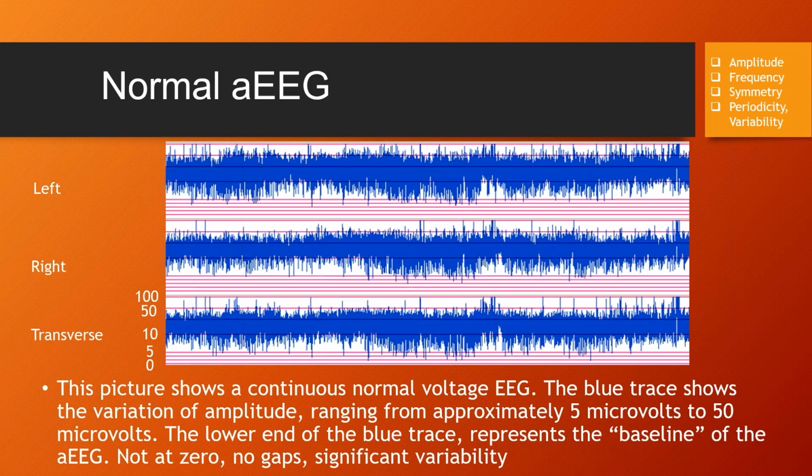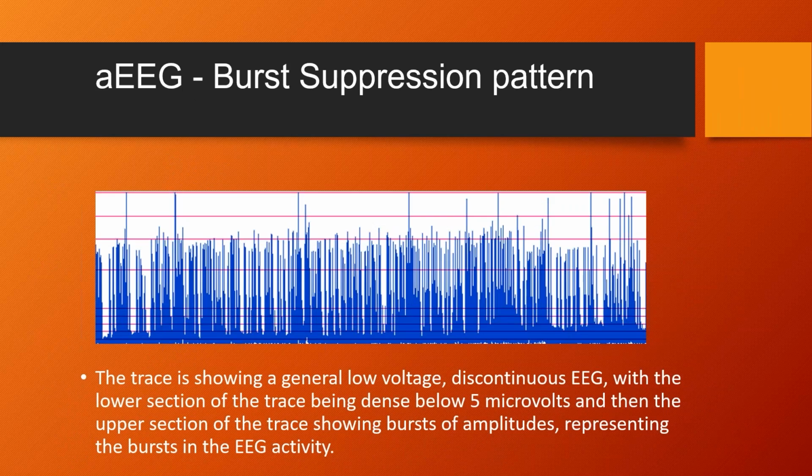The variability suggests that they're undergoing sleep-wake cycles, and the symmetry, the left compared to the right, looks pretty good. Again, we have no information with frequency here, but based on the amplitude, the symmetry, and the periodicity or variability, we think this is likely to be normal amplitude integrated EEG.